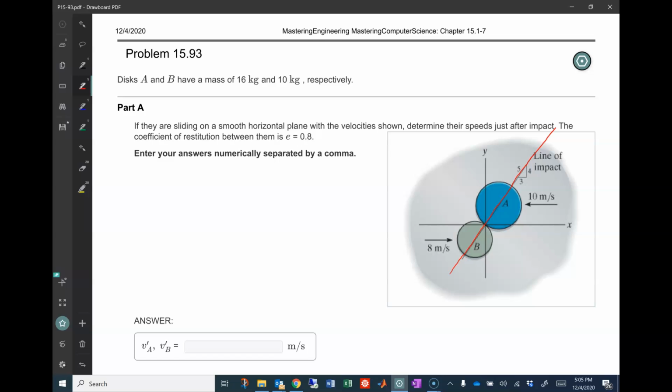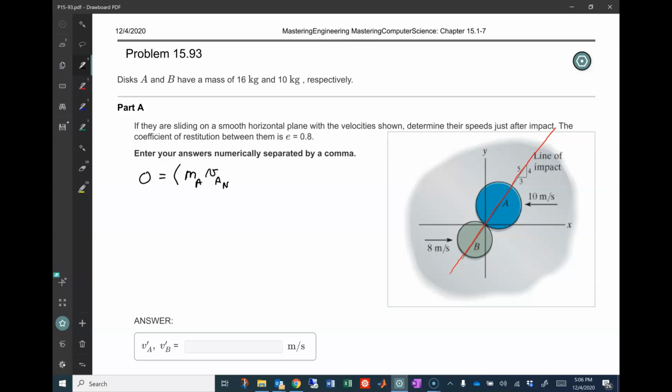If you take A and B together, there's no impulse. So that's 0, and that equals the change in momentum along the line of impact, or along the normal direction. After the collision, I have a mass of A times the speed of A in the normal direction, which I'll write as n.